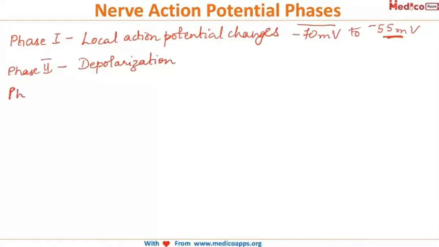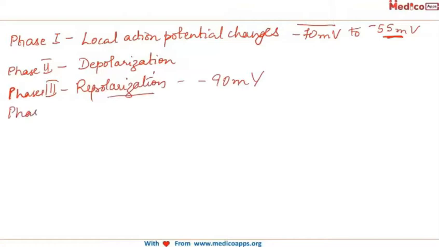Now, phase 3 was our phase of repolarization, where the cell is trying to come back to its resting membrane potential, and in phase 4 we have seen that the cell always hits a more negative value as compared to its resting membrane potential, and this is termed hyperpolarization.